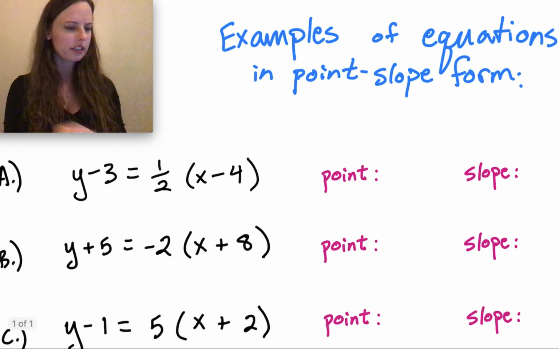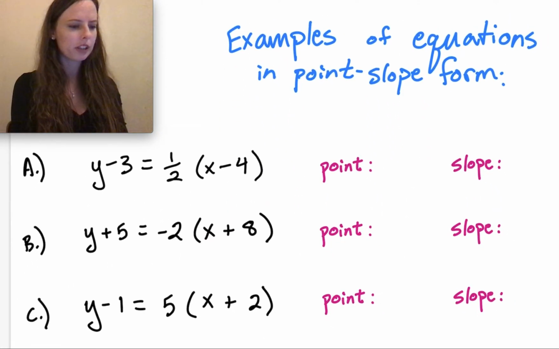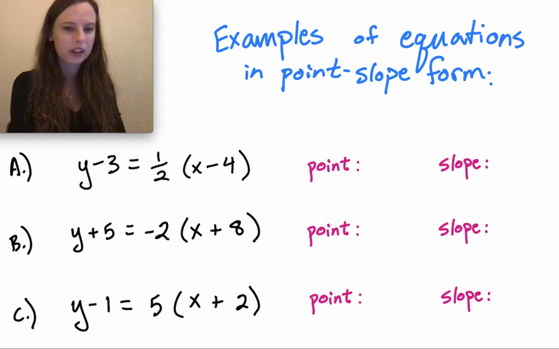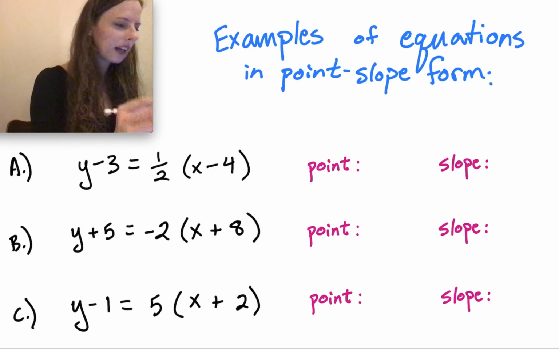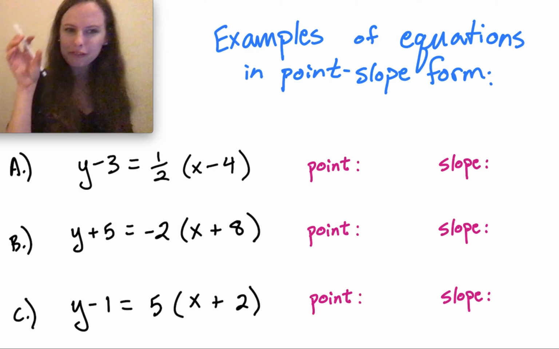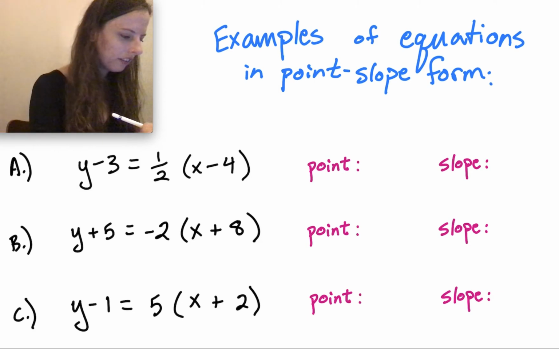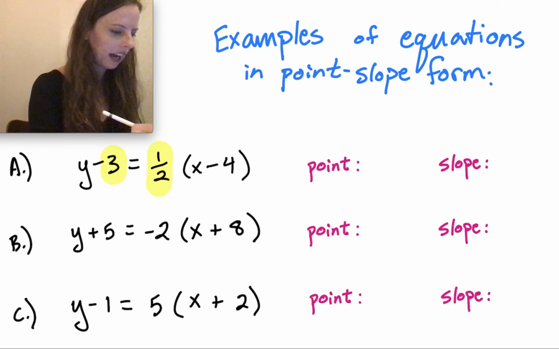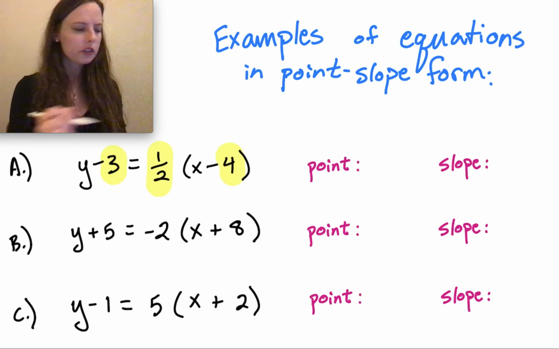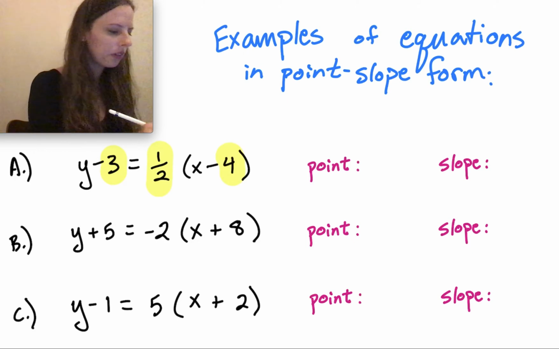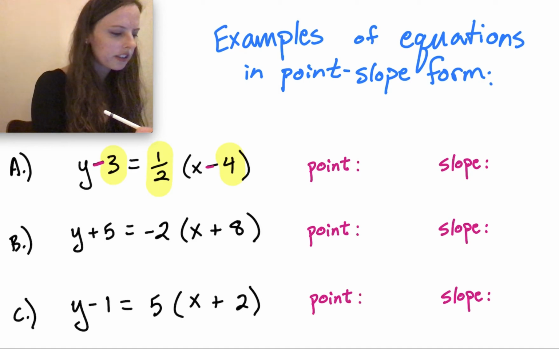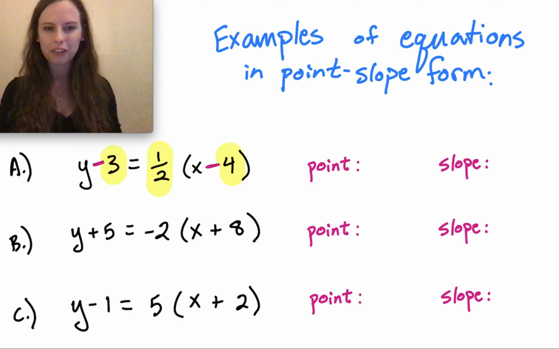So let's start by looking at some examples of equations that are already in point-slope form. So again, I'm going to highlight that information that got plugged into the form. We have this 3, the 1/2, and the 4. So remember what I just said, how those minus signs are just a normal part of the form.